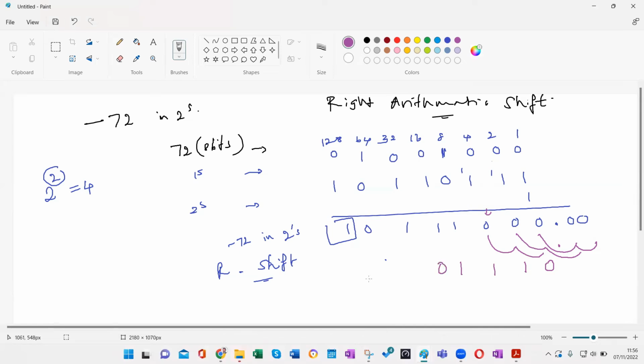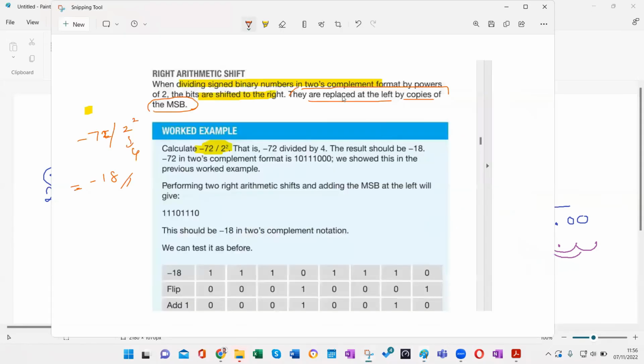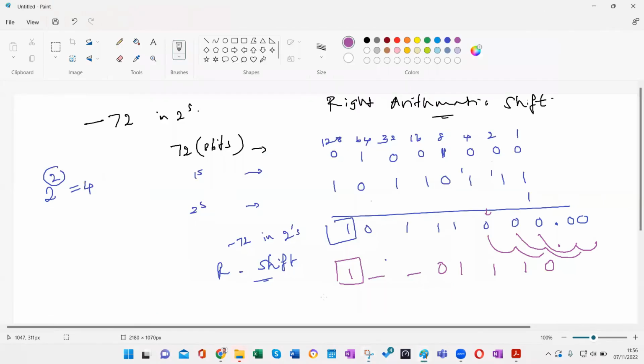Now we have 2 empty places, and the most significant bit, which is 1. Now what did the rule say? They are replaced at the left by copies of the MSB. Right now the MSB is 1, so these are going to be filled with 1s, but not zeros.